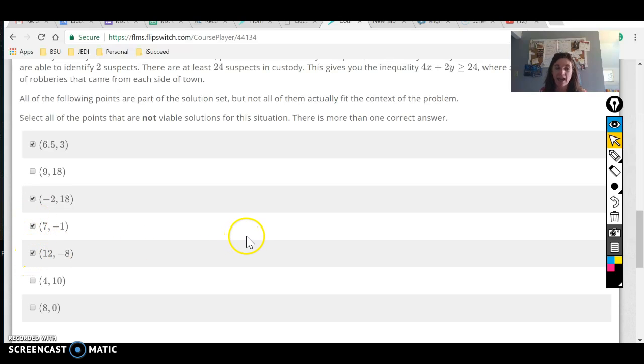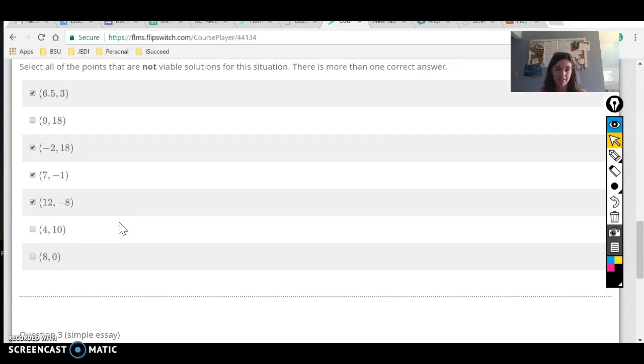These can't be half or negative people, okay? So I see 4 solutions that just plain would not make sense here because we're dealing with actual people, not half people or not negative people. Negative in the terms of they don't exist, not negative in the terms of they're doing bad things.